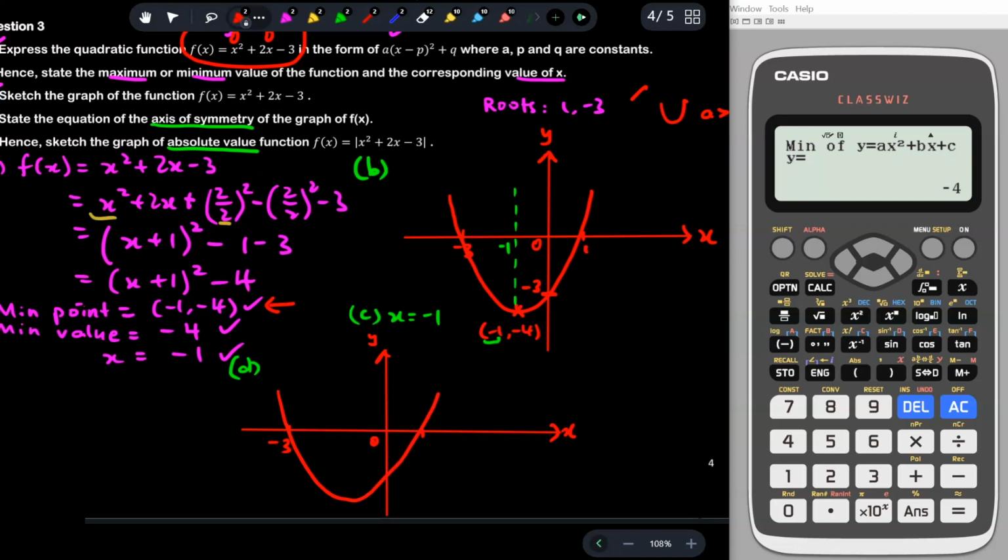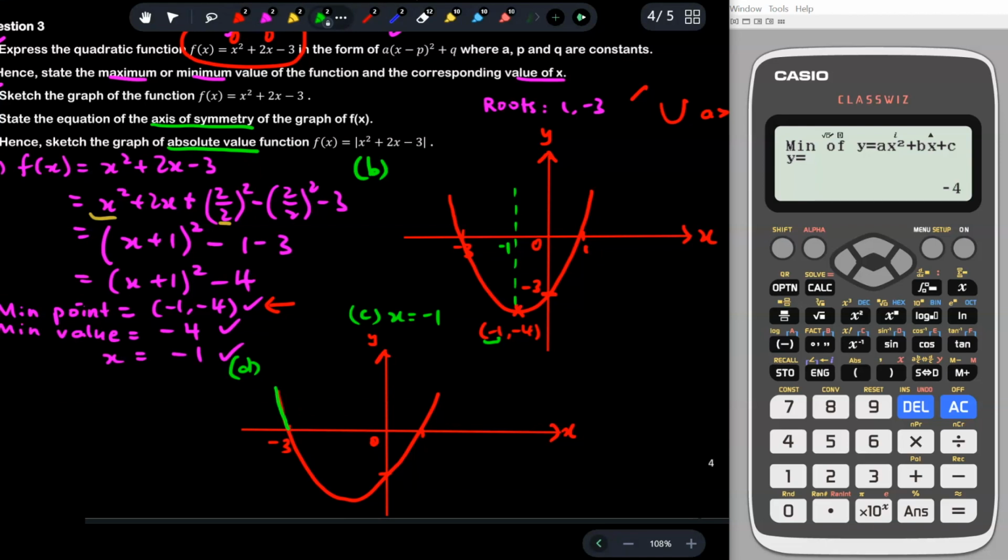Here we have 1, this is -3. Here, what we want is the whole graph to be reflected in the x-axis.